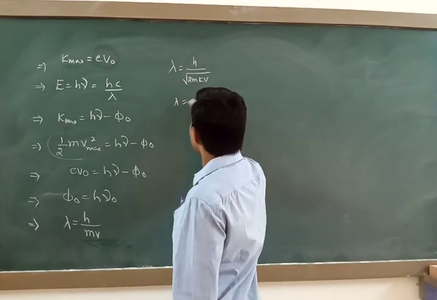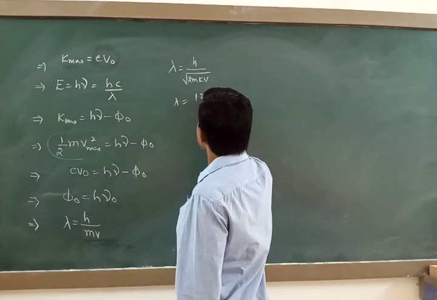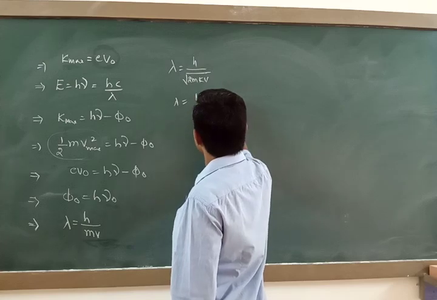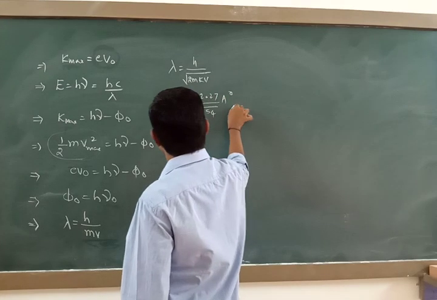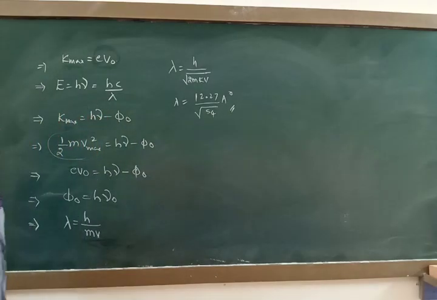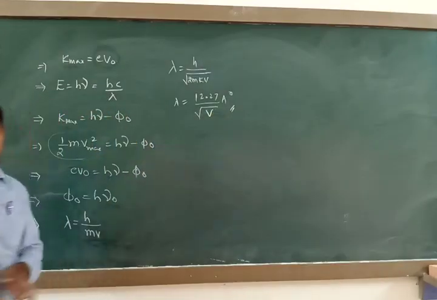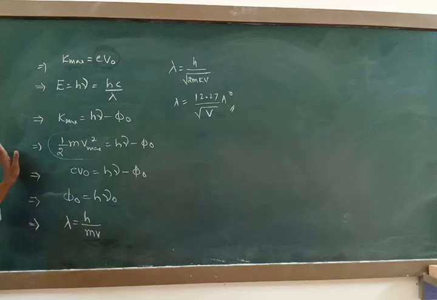And at last we calculated for subatomic particles, this will be given by lambda equal to 12.27 angstrom by root V, this is root V, not 54. So like this there are some mathematical equations here.